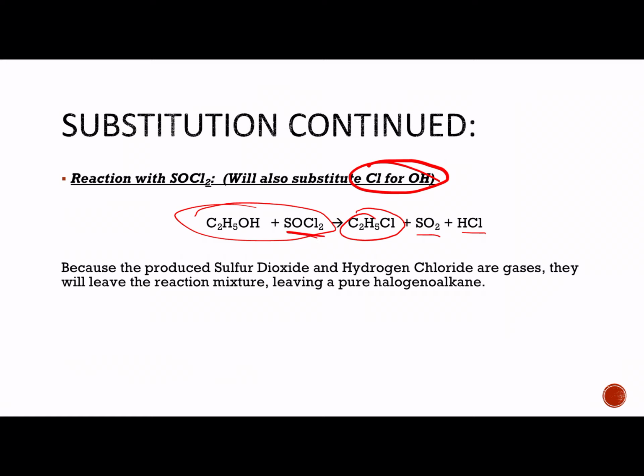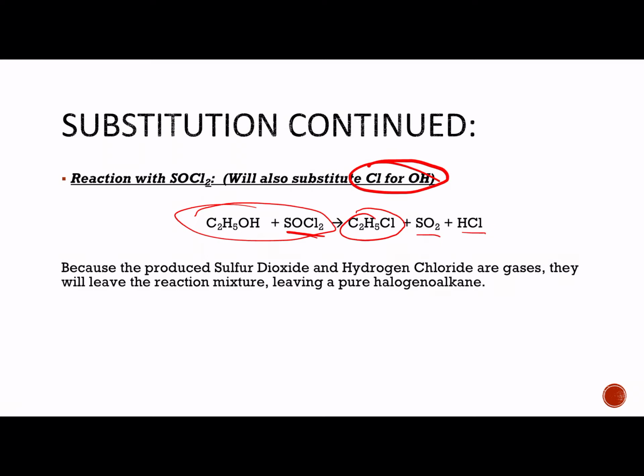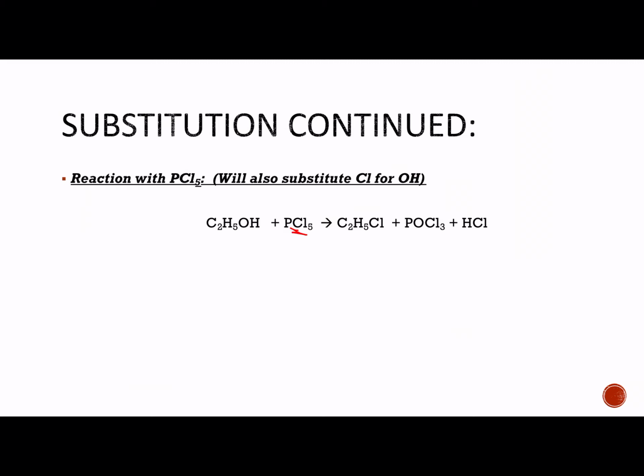You can use PCl5 for this. You can use PI3 for this, and you'll get the halogen specified. It would make sense that PCl5 is going to give you chlorine on your halogenoalkane, and this one will be iodine.